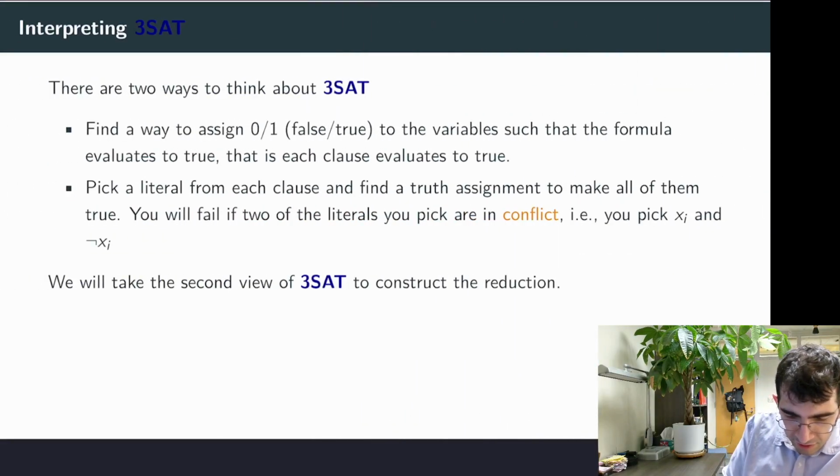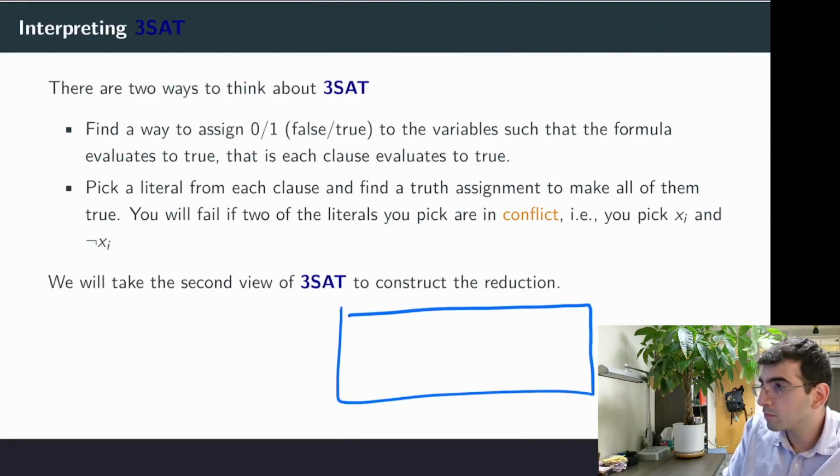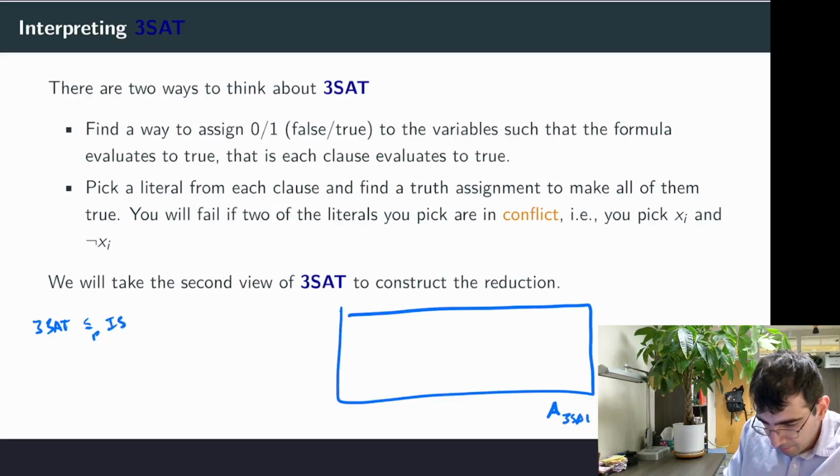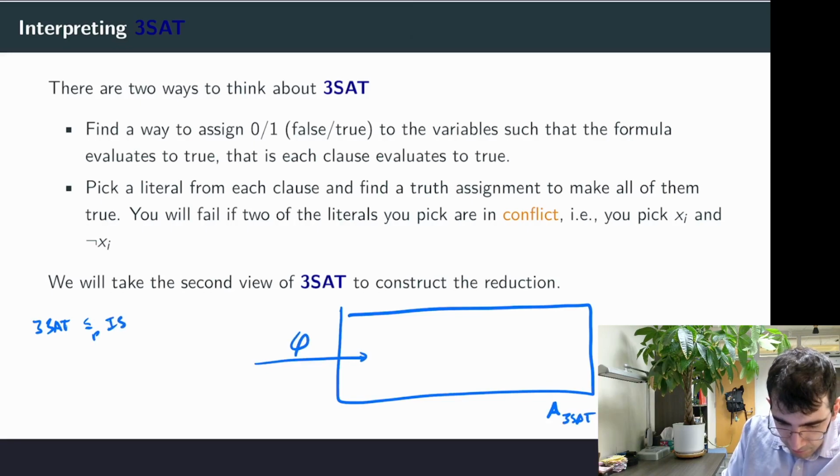Okay, let's recall the reduction diagram. We want to show 3-SAT reduces to independent set. So we have the algorithm for 3-SAT here, A_X. We have a 3-SAT formula here.